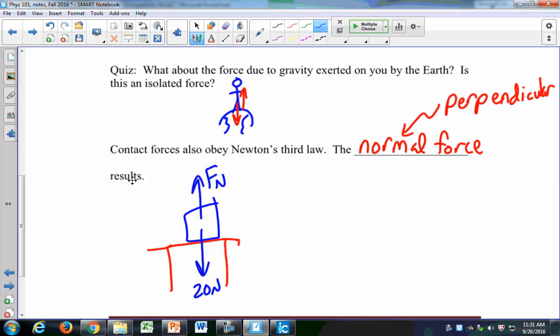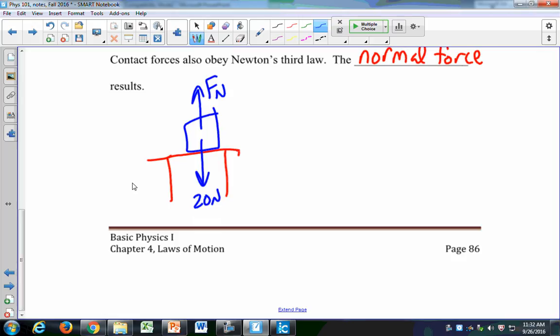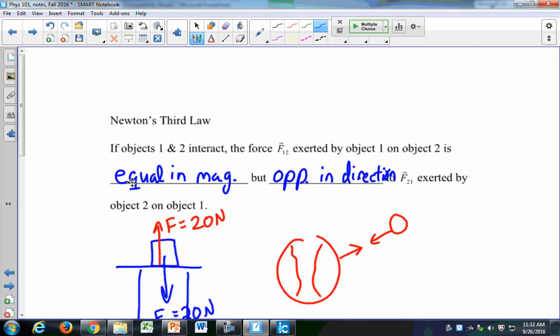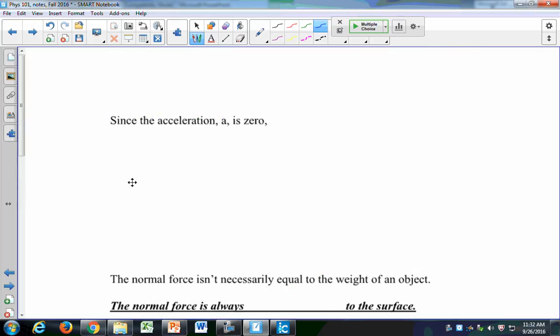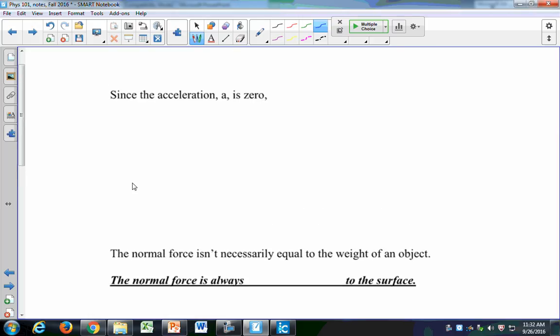The normal force is always perpendicular to the surface. Imagine this table again, we have our object, say it's 20 newtons. If we want to know our normal force, we can go through this process.